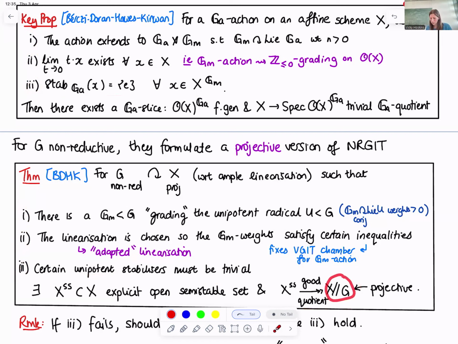But there is a one-parameter subgroup inside here which grades this action. So i.e. it acts with positive weights on this unipotent part.